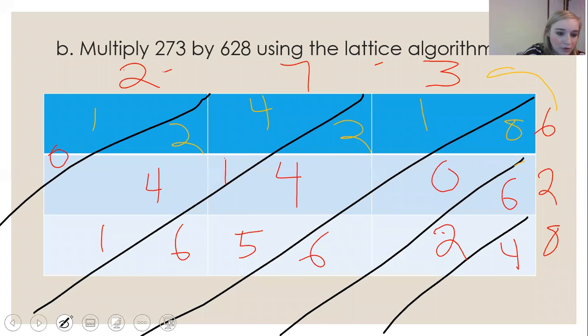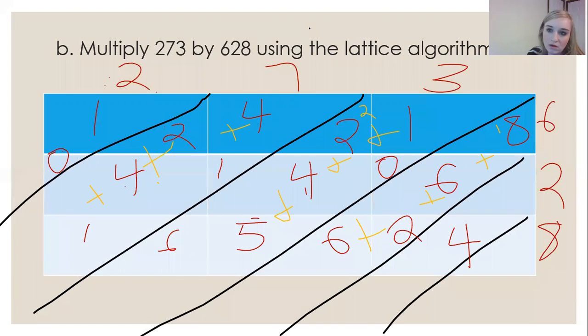I forgot to put one of the other ones here. So we're going to add all these, and as you can see, I've carried the numbers here and here. What we're going to get in the end is 1, 4, 4, 4, 4. So our answer is 1,444.